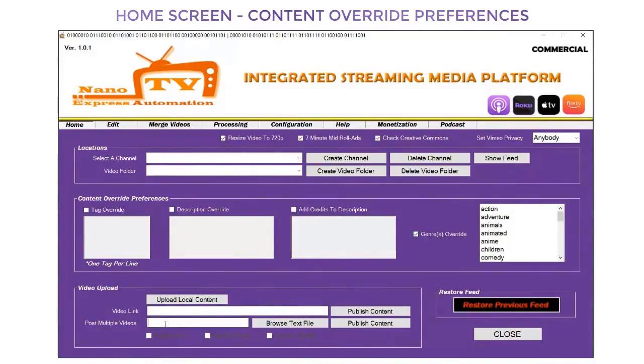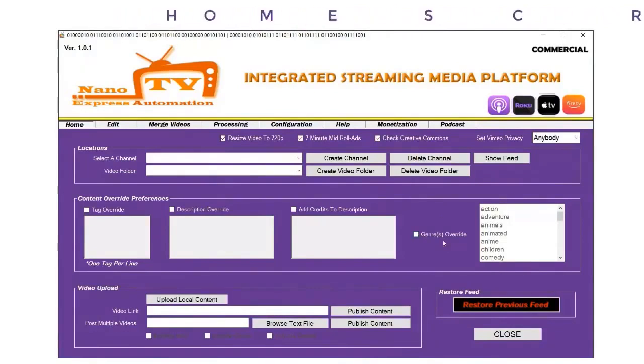If you have a text file that has 20 videos in it and you pick the genre comedy, let's say you have a comedy station, every single one of them would be in the comedy section. So this gives you the flexibility to override something that is put on the content that you may want to change. It's very important.